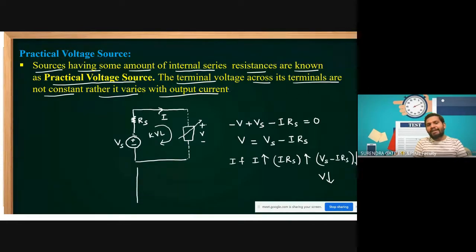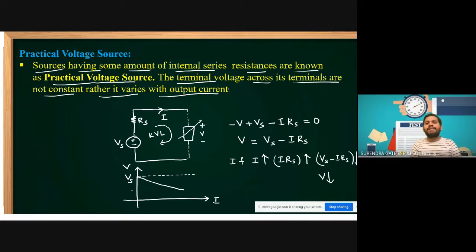If you draw the characteristics for a practical voltage source, what can we expect? Here I am taking the load voltage on the y-axis and the current on the x-axis. For an ideal voltage source, V equals Vs. But for a practical voltage source, if the current increases, the voltage is reduced.